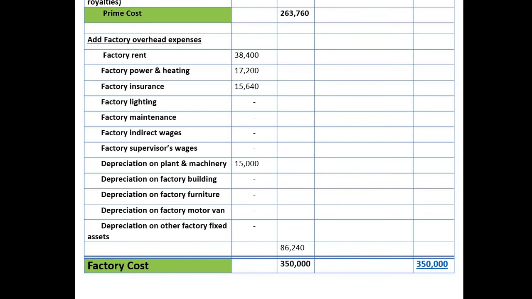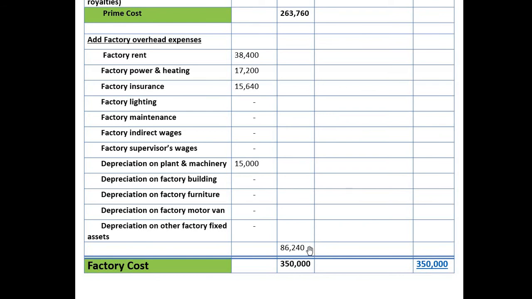It will be 10 over 100 times the book value, which was 150,000. When you do that simple mathematics, you get that the depreciation of plant and machinery amounted to 15,000. And that's how we get the depreciation of plant and machinery.